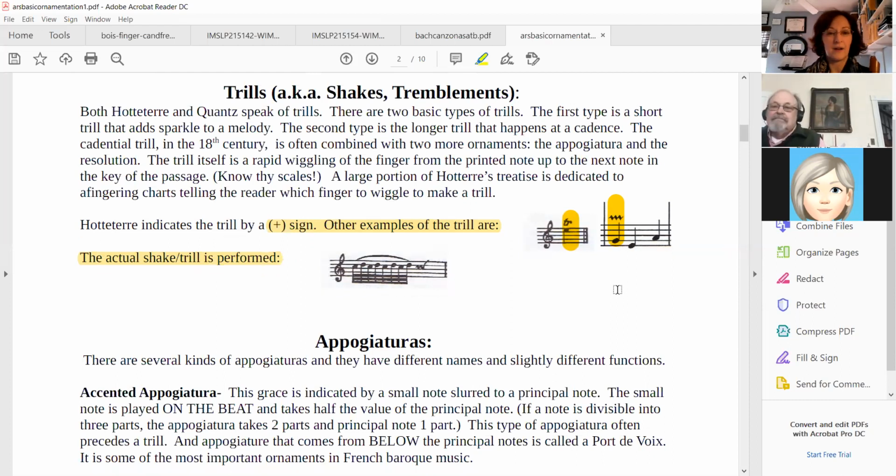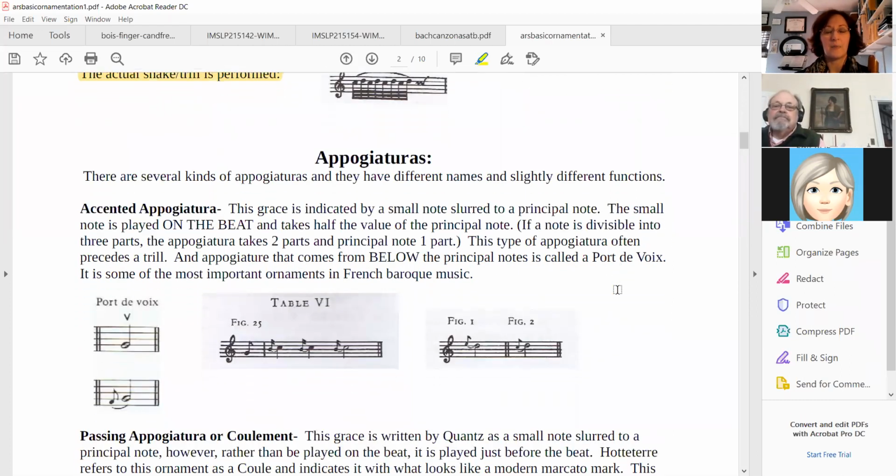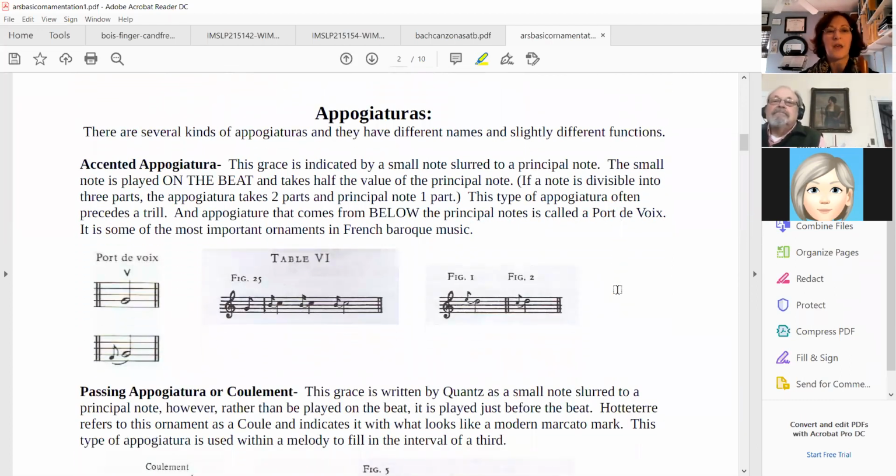All right, appoggiaturas. There are several kinds of appoggiaturas, and they have different names and slightly different functions. The first is called the accented appoggiatura, and this grace is indicated by a small note slurred to the big note, the principal note.